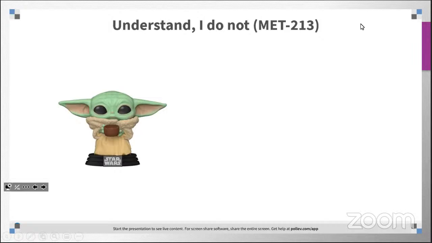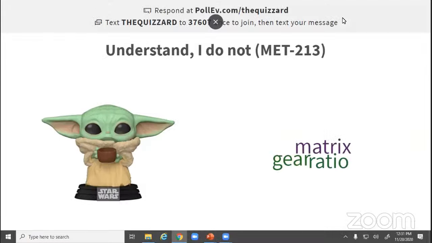I keep forgetting that this computer doesn't link with Pull Everywhere, which, as you can tell, is super convenient. So here we are.